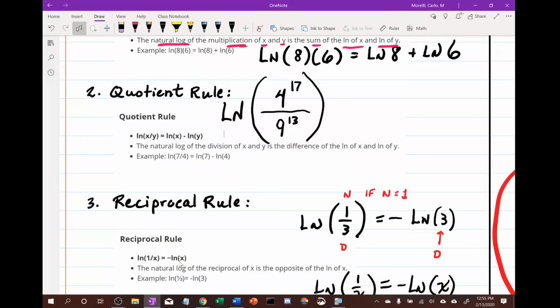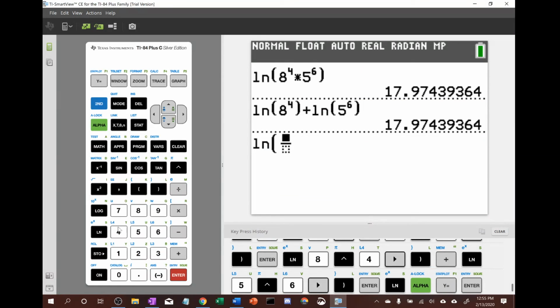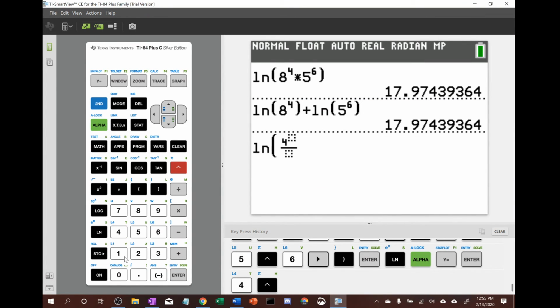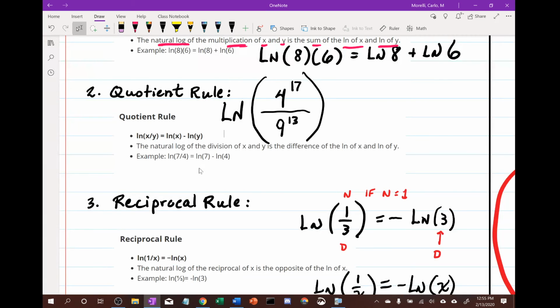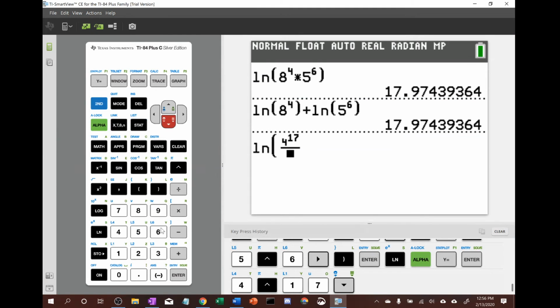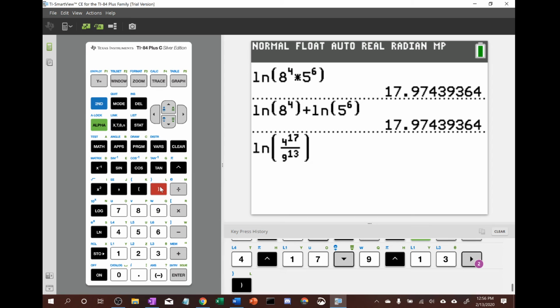And then in the top, we're going to put 4 to the 17th power, and then in the denominator, we are going to put 9 to the power of 13. You have to hit the right arrow 2 times and then close off all the parentheses. Wow, looks very mathematical, right? Looks like it's going to blow the calculator up. Ready? Let's hit it. 3, 2, 1, enter.